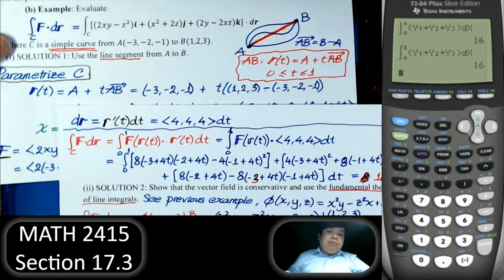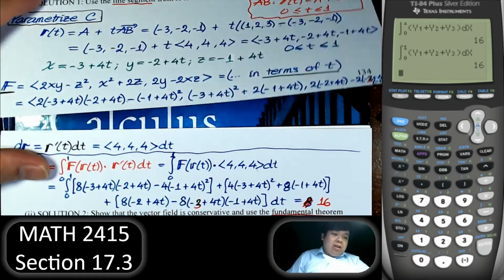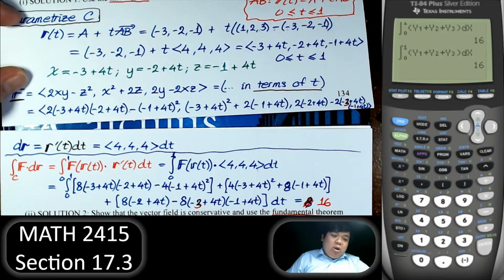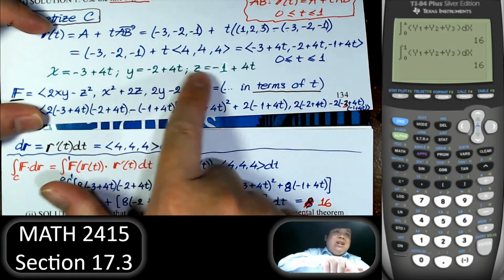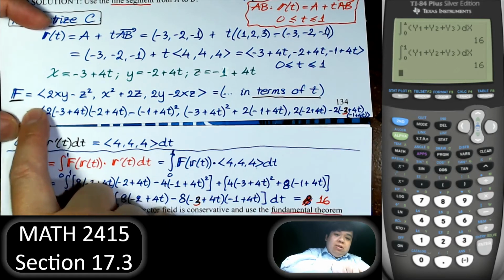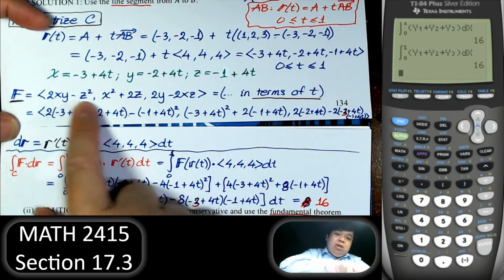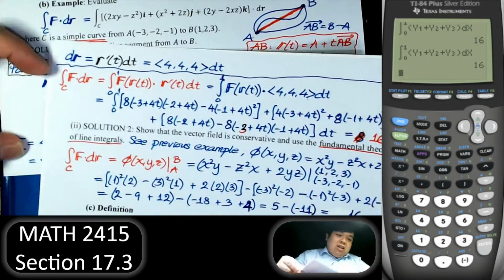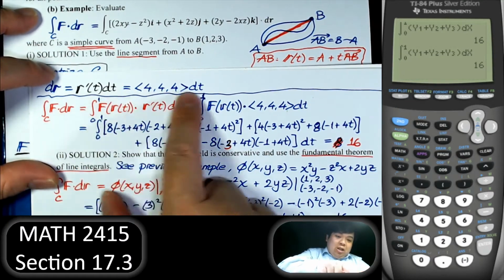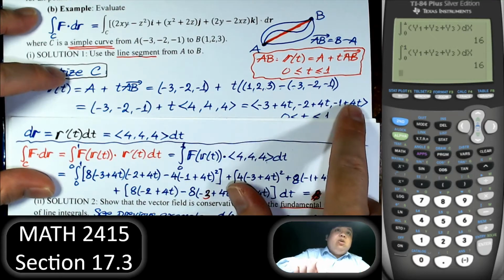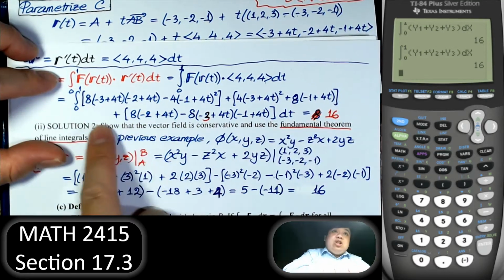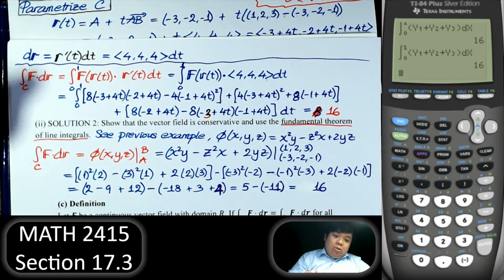But bottom line is, when I apply the line integral, normally we just parameterize the curve C, so that we have x, y, and z. Once we know that, substitute into the vector field, and after that, dr is equal to r prime t dt. So we take the derivative of this with respect to t, and then do the dot product. This is just extremely long. That integral is equal to 16.